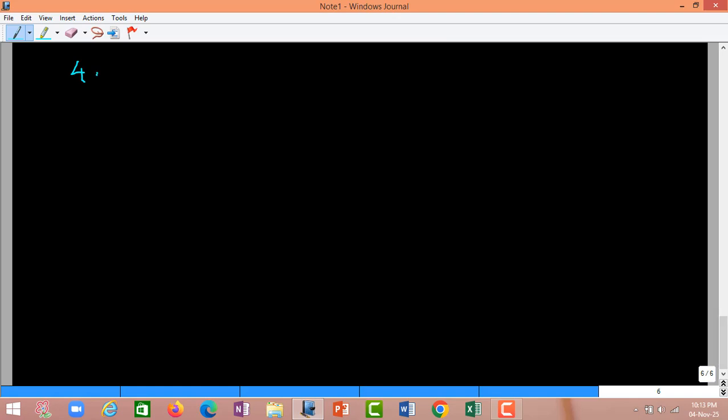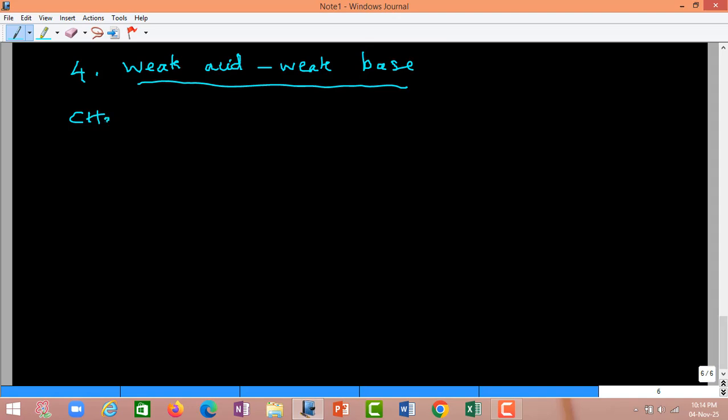Now we will move to the next titration, namely the weak acid weak base titration. Example for weak acid we will take as acetic acid. Instead of that you can use any organic acid, say formic acid or oxalic acid, etc. And consider the reaction with weak base, for example, ammonium hydroxide.